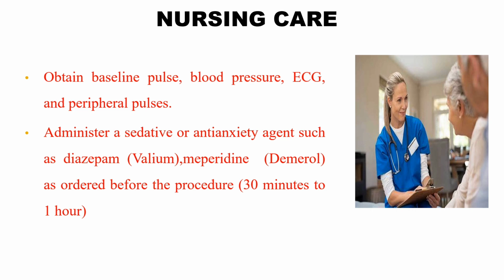And after that, administer a sedative or anti-anxiety agent such as diazepam, another name is Valium, or both types of medications, and analgesics such as meperidine, other name is Demerol. These medications are ordered before the procedure, 30 minutes to 1 hour before we have to give.